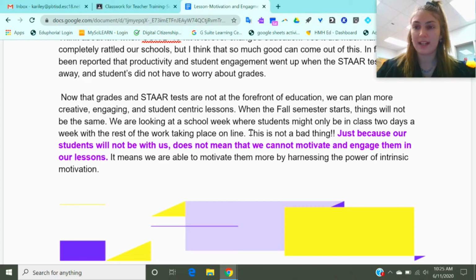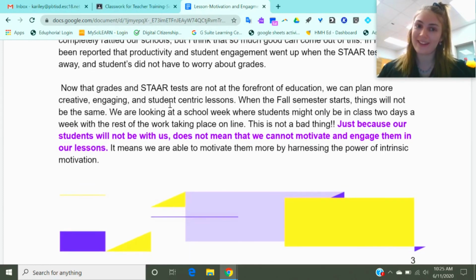But now it's not so much of a focus as us being able to serve as many students as possible and to prevent the loss of learning that's occurred with this whole situation. So with that being said, we can plan more creative, engaging, and student-centric lessons.